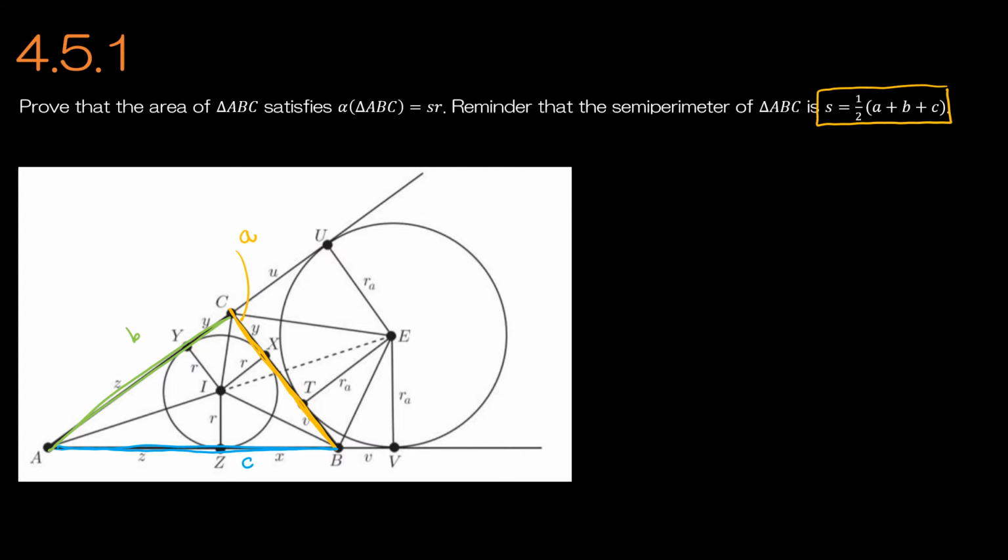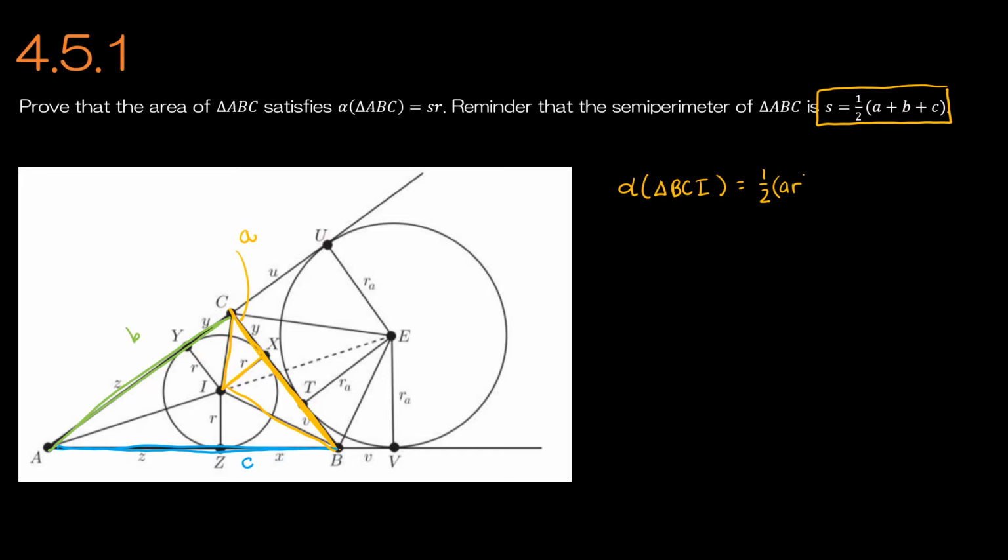Again, I would use more words than I'm going to actually write down, but we're going to just get to it. So what I'm going to do is start with side a. If I look at side a, I can see that the area of triangle BCI, this triangle, can be found using 1/2 times a times the height, which is r.